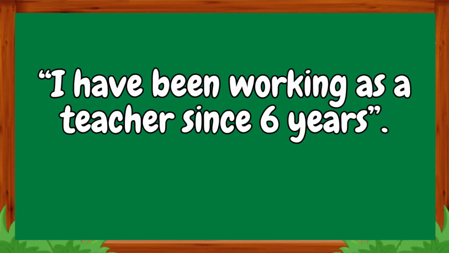But before we move on, I just want to share a common mistake I hear when teaching English lessons. Very often students will say, I have been working as a teacher since 6 years. Remember, since is for a specific time, but for is for a length or period of time.